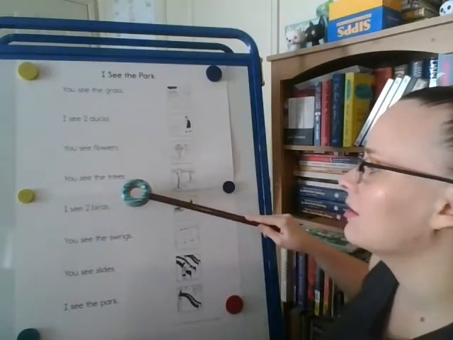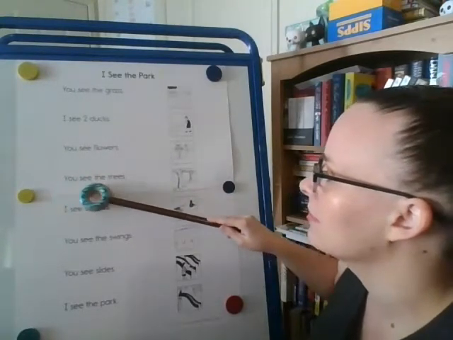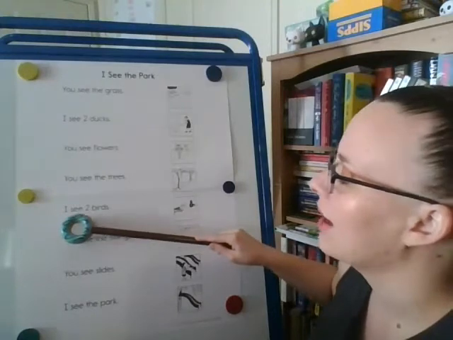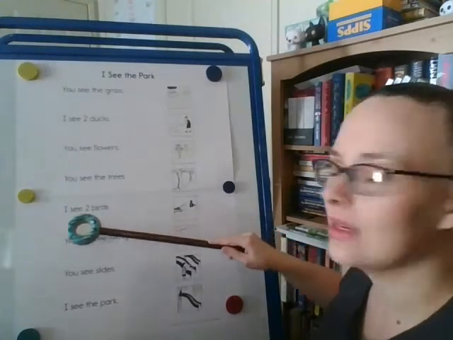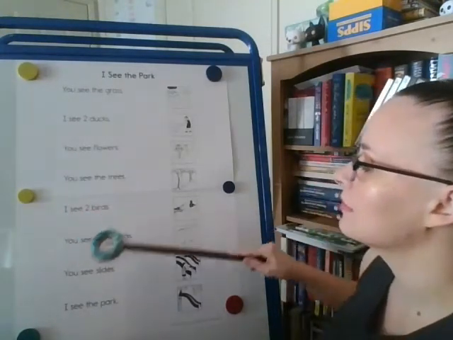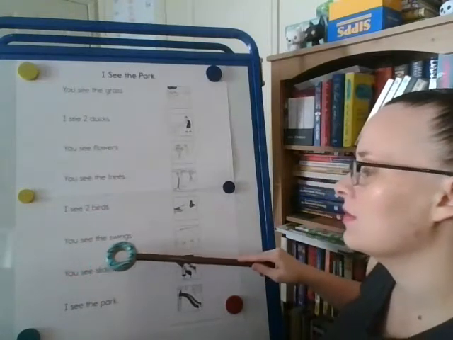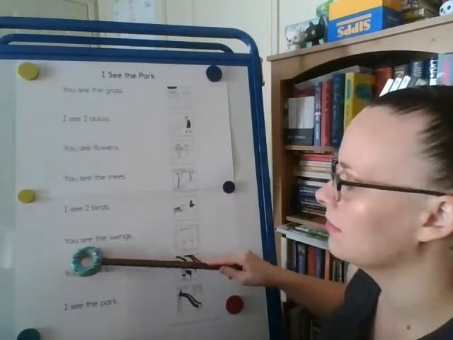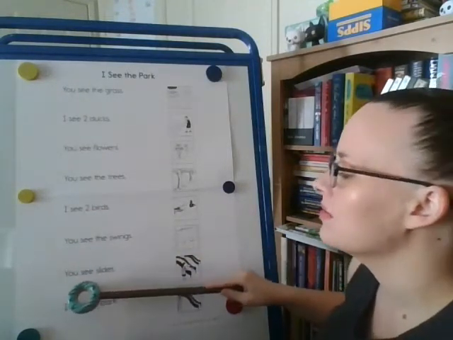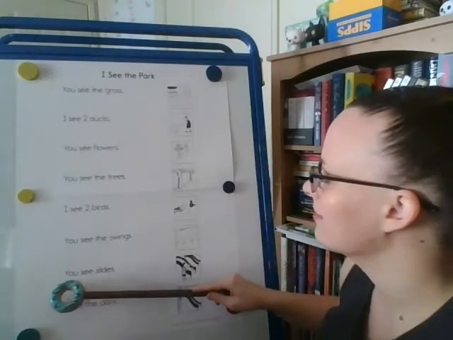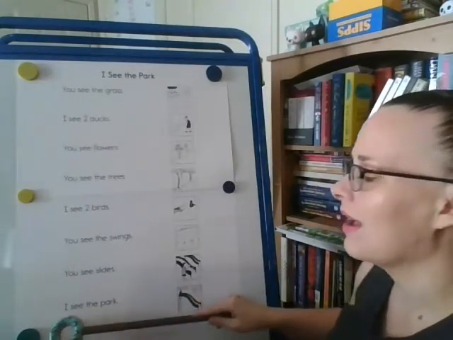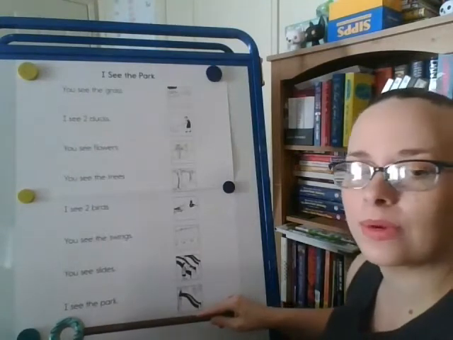You see the trees. Read. I see two birds. Read. You see the swings. Read. You see slides. Read. I see the park. Read.